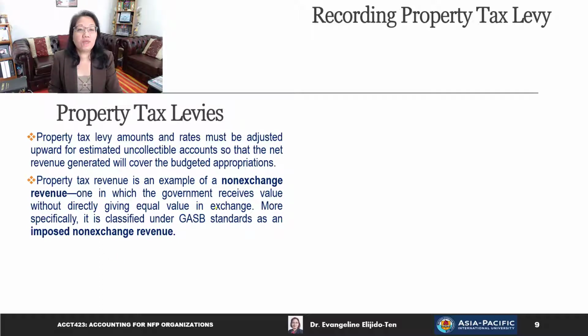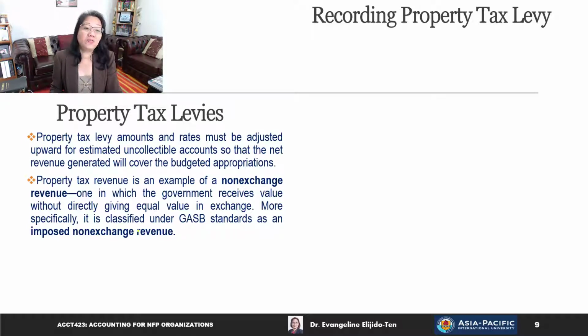Property tax revenue is actually an example of non-exchange revenue, meaning you get the revenue but you don't really exchange it for a specific service. This is one in which the government receives revenue from its residents without directly giving equal value in exchange.